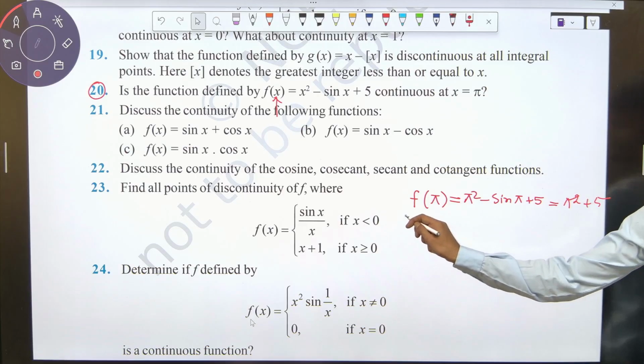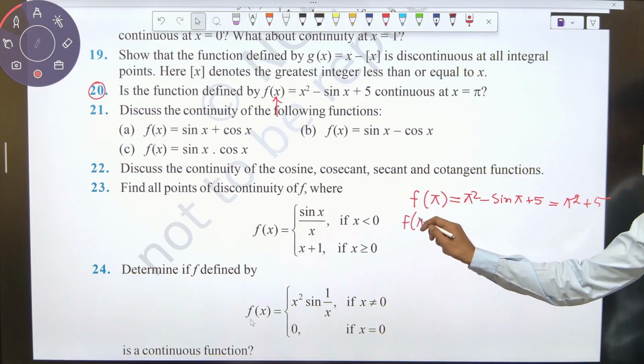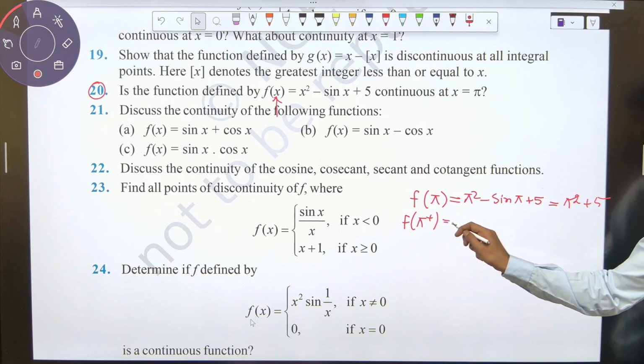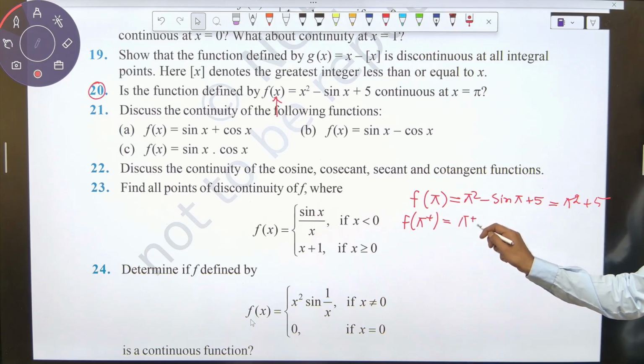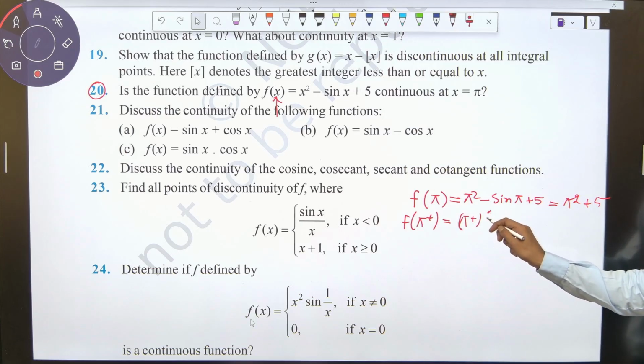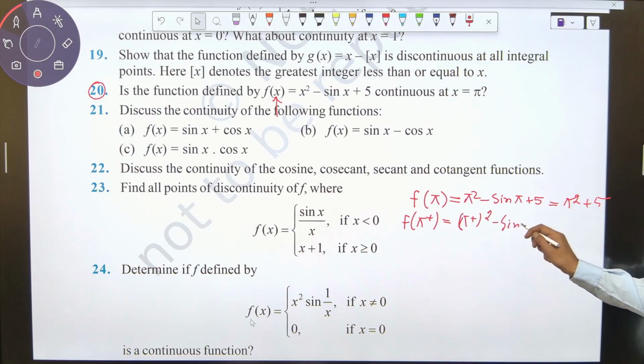Now I'll find f of pi plus or pi minus. Pi plus, that will come pi plus squared minus sine pi plus 5. What is sine 90?